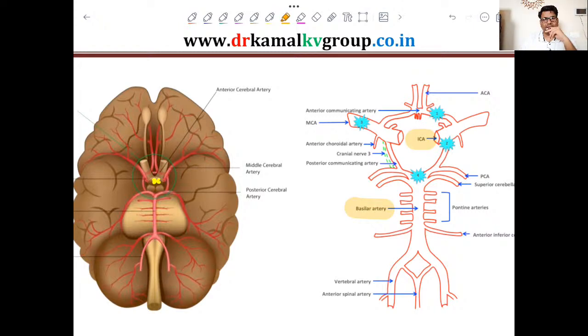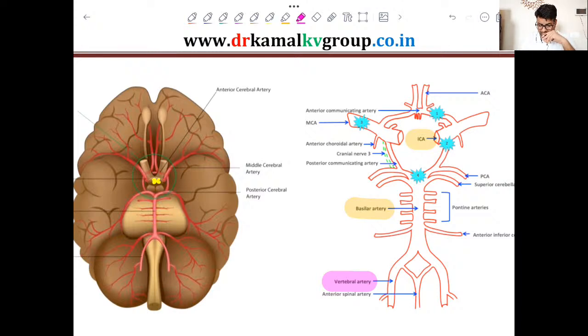The basilar artery is single in the body, because usually when we discuss arteries, we say right side artery, left side artery, but the basilar artery is single, and it is formed by the fusion of two vertebral arteries. So the two vertebral arteries join and form a single basilar artery.